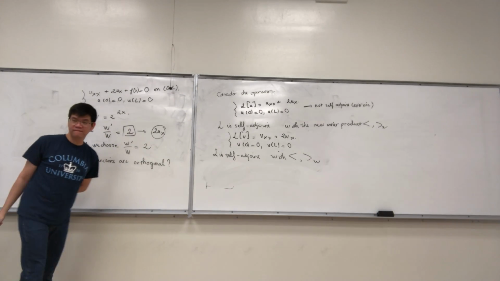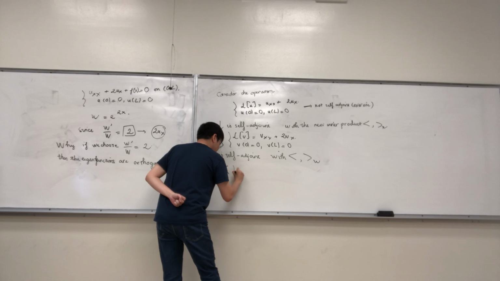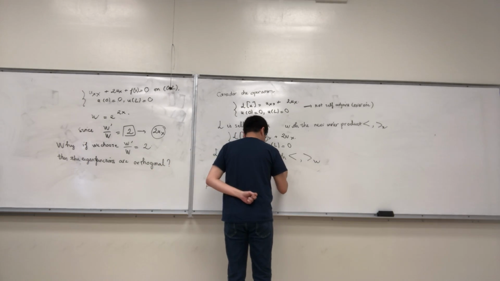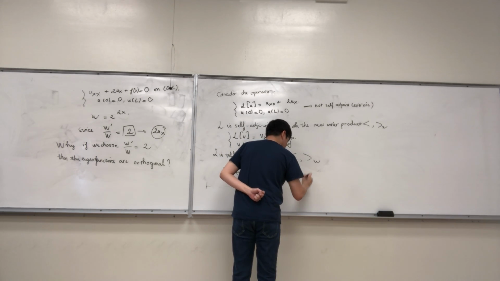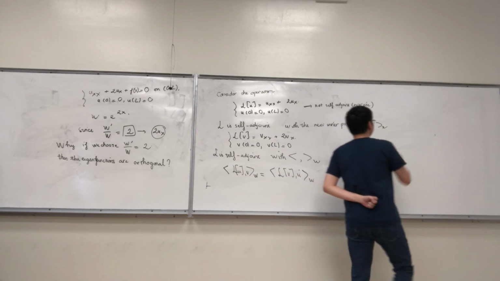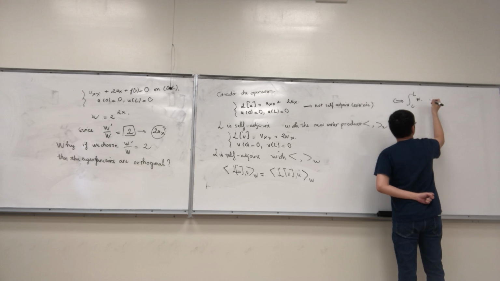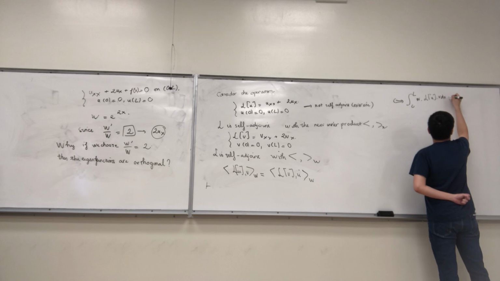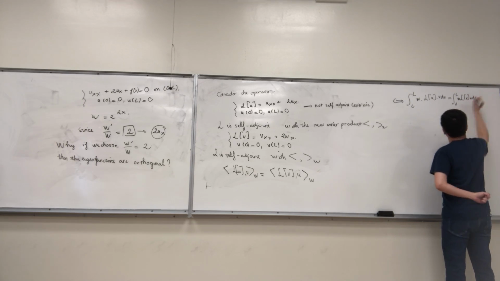Which means that (Lu, v) with W is equal to (Lv, u) with W, which is equivalent to the fact that the integral from 0 to L of W Lu times v dx equals the integral from 0 to L of W Lv times u dx.